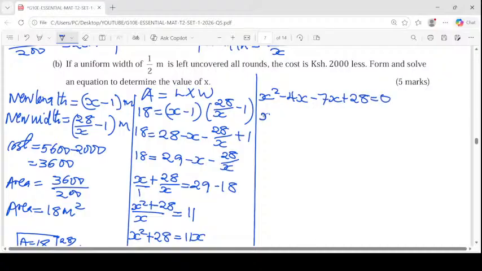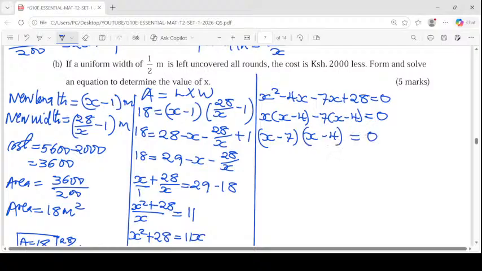So this will be x into x minus 4 minus 7 into x minus 4 is equal to 0. This will become x minus 7, x minus 4 is equal to 0. In the first case, we have x minus 7 is equal to 0. This will mean that our x will be equivalent to 7.